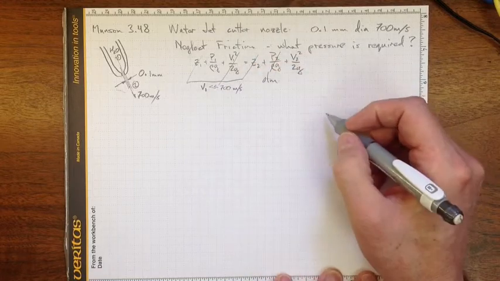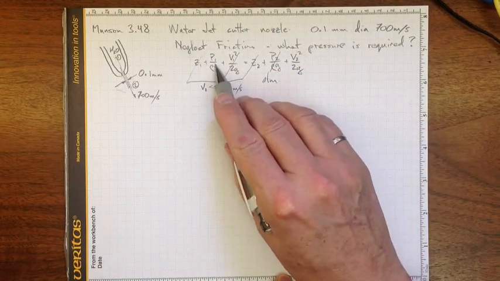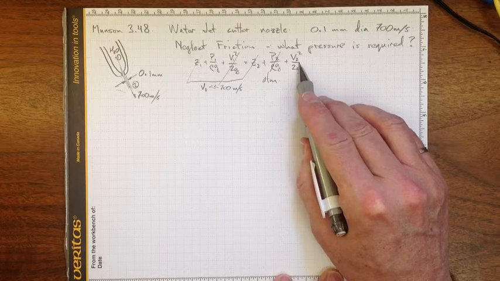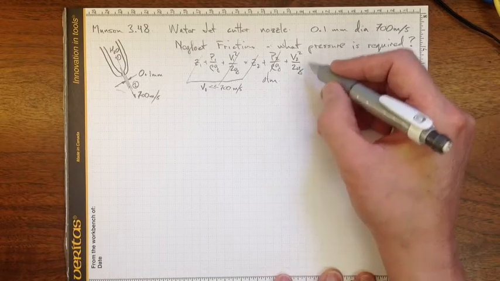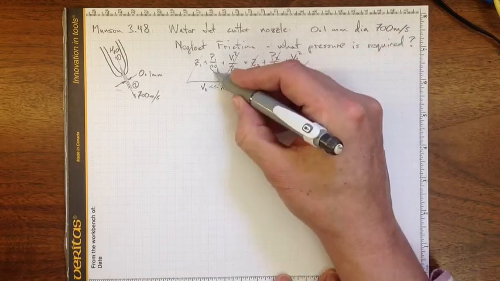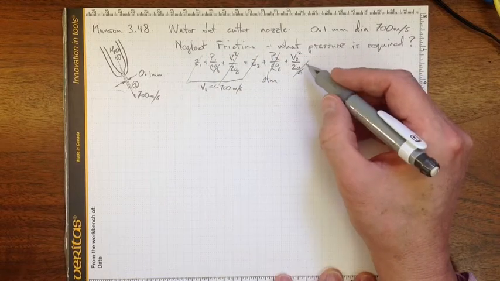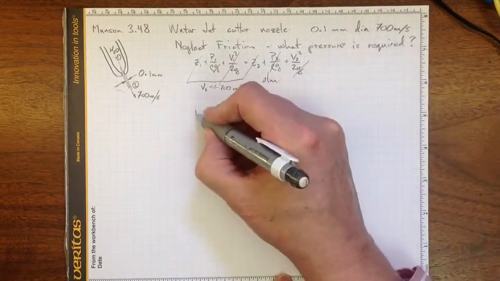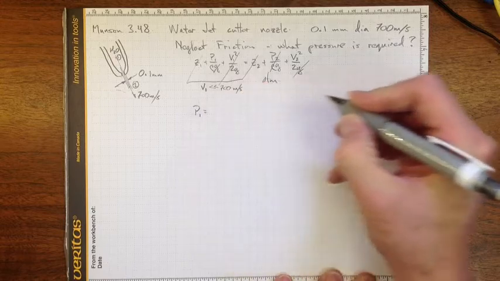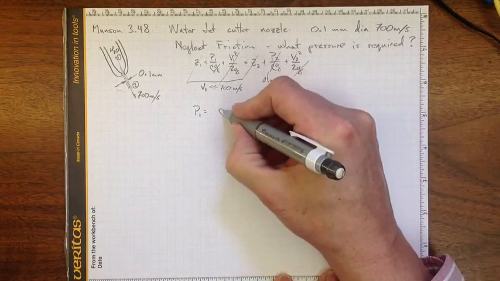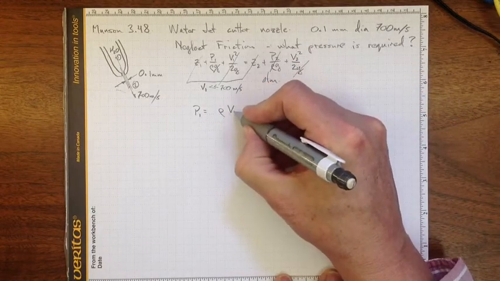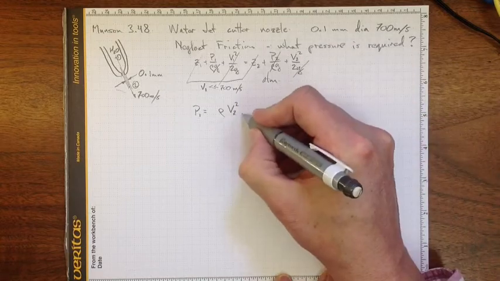So we'll ignore that term, and we wind up with just the pressure has to be big enough to produce this velocity. We can cancel out g on both sides, and we wind up with P1 equal to rho V2 squared over 2.